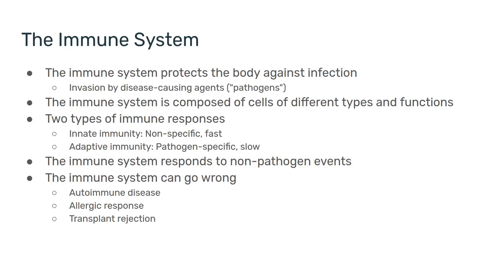Then the second one is called adaptive immunity, and the adaptive immunity is pathogen specific and it is slow. And briefly, the adaptive immunity evolves constantly to identify novel threats and customize elements of the immune system to attack them. And just a very broad idea for one of the mechanisms involved is we have certain cells in our bodies that continuously generate homing beacons that can stick to specific pathogens, whether it's bacteria or virus infected cells.